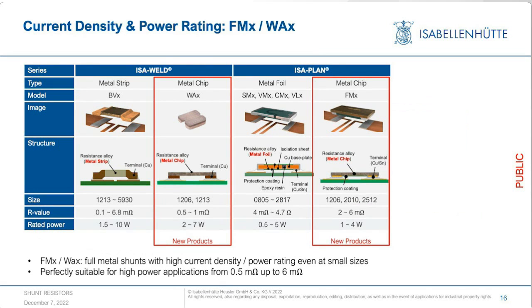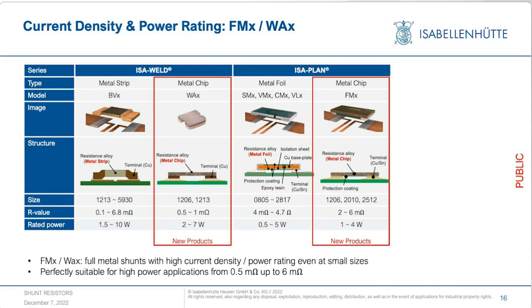As mentioned in the introduction, also power density and thus current density is a requirement for new applications. And I will finalize this presentation by showing you some examples of products which show how we cope with this new requirement.